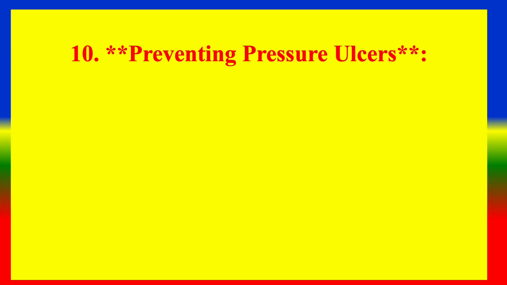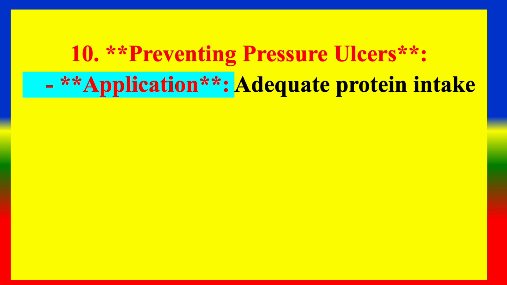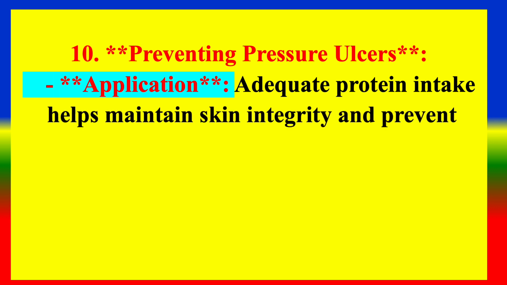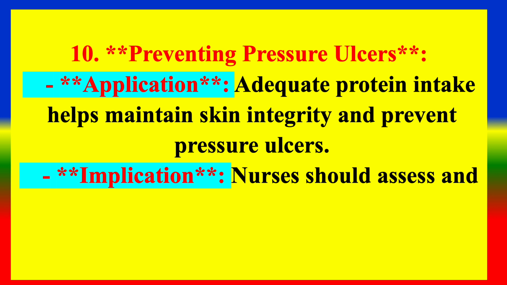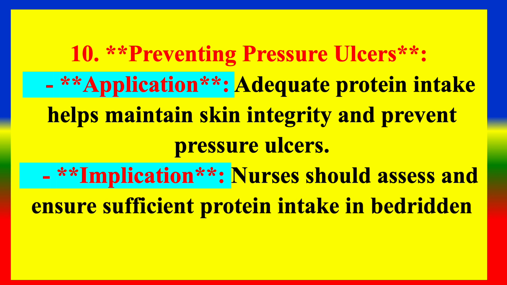Ten, preventing pressure ulcers. Application: adequate protein intake helps maintain skin integrity and prevent pressure ulcers. Implication: nurses should assess and ensure sufficient protein intake in bedridden or immobile patients.